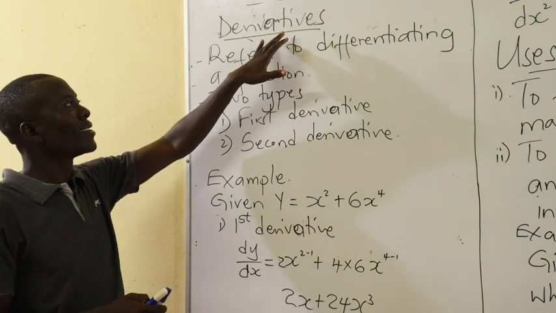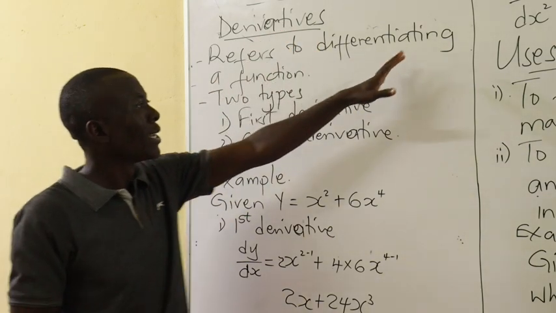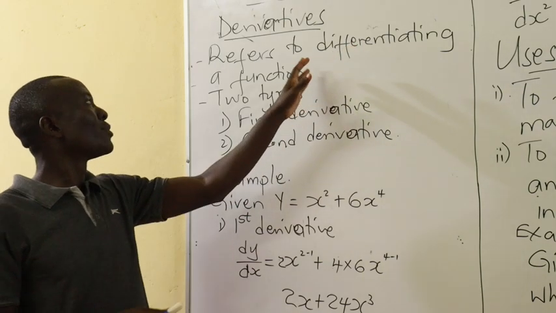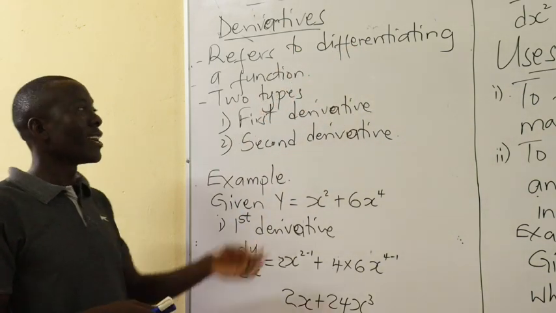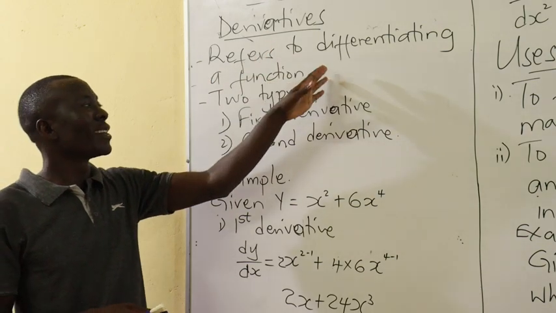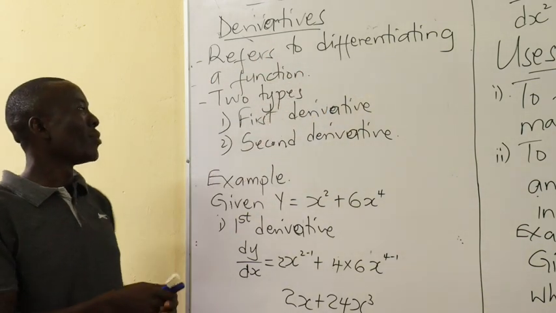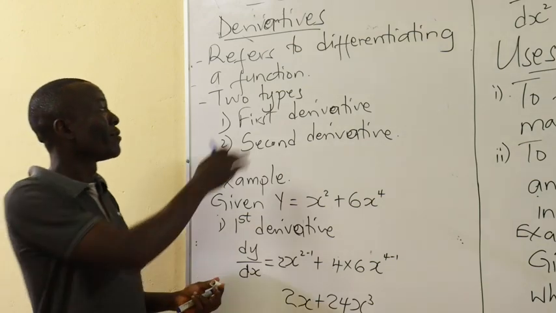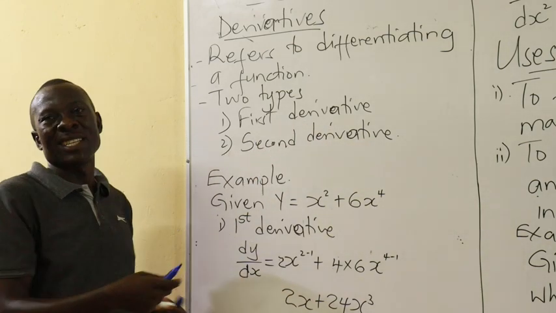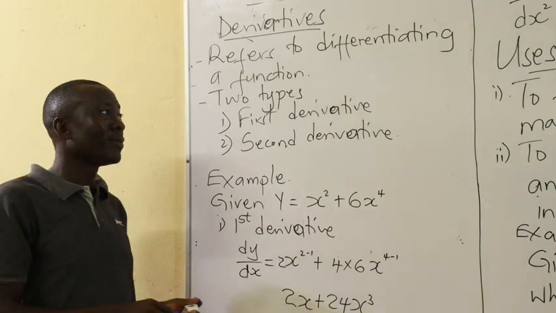So having learned how to differentiate a function, we can look at the types of derivatives. Basically, a derivative refers to differentiating a function. And we have 2 types of derivatives: the first derivative and the second derivative, but we can move even as far as the third derivative or the fourth derivative.